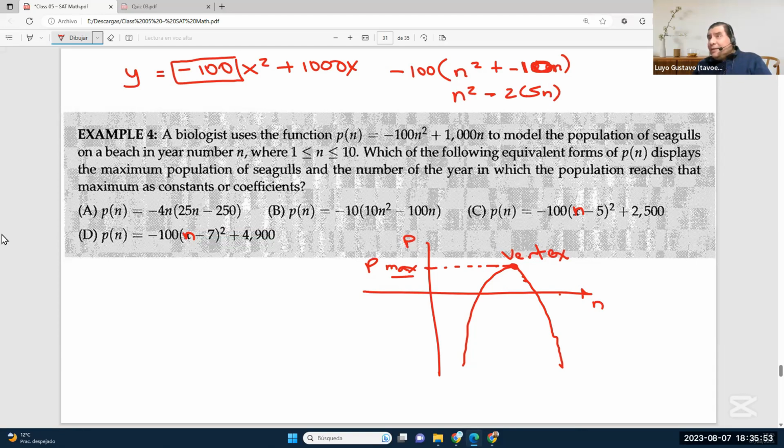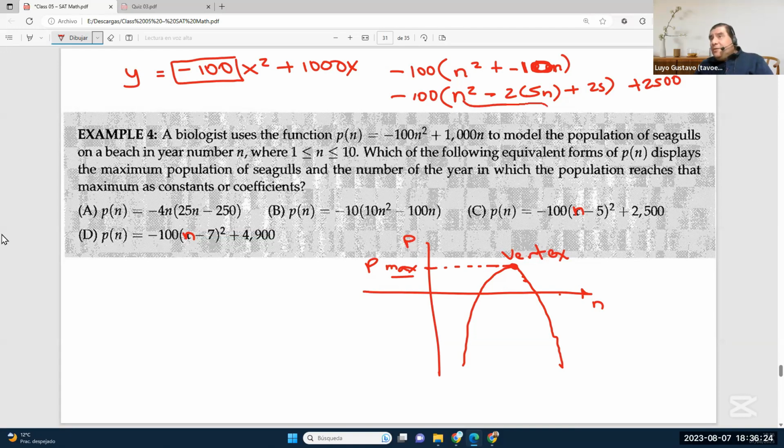So you need to add here 25, and we have to subtract here 25. But of course, 25 times this, which would be this number, right? -25 times -100 would be something like this, and there are no more terms.